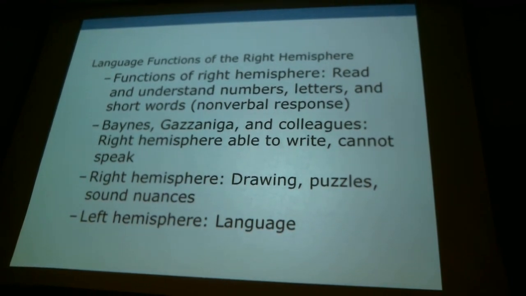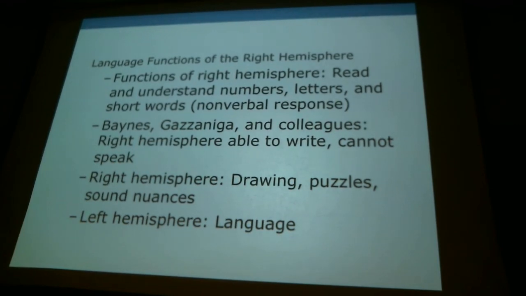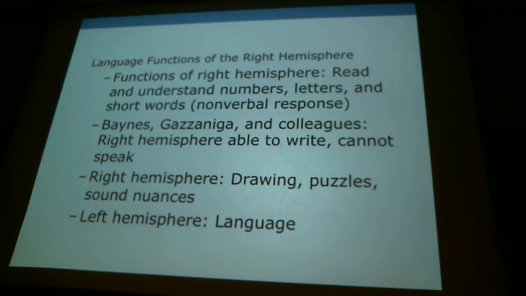So some components of language come out there. But your right hemisphere is apparently not able to take over the speaking role that your left hemisphere takes on. There's evidence for right hemispheric dominance in terms of drawing and puzzles, so some support for the idea that your right brain is a little more artistic.